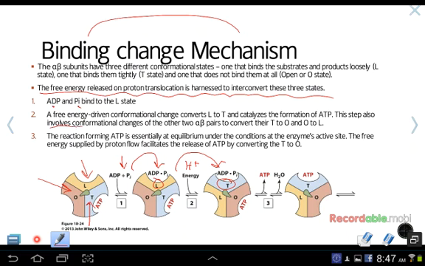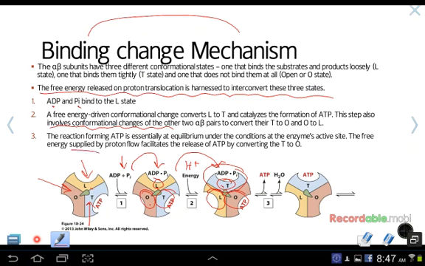This step also involves a conformational change of the other 2 alpha-beta pairs. So as one alpha-beta pair is changing, so are the others, right? So L goes to T. What was in the open state becomes a loose state, and what was a T state becomes an open state. The reaction forming ATP is essentially at equilibrium in the enzyme's active site once you are in the T state.